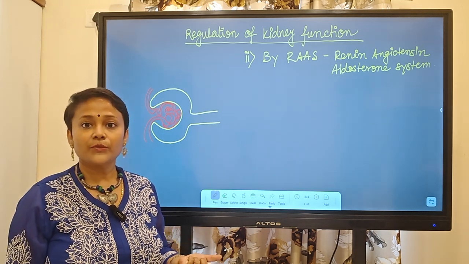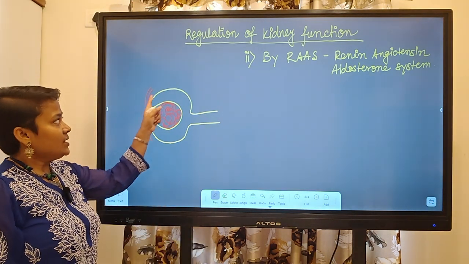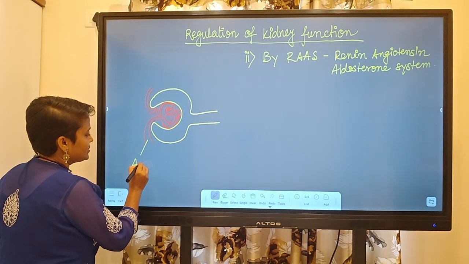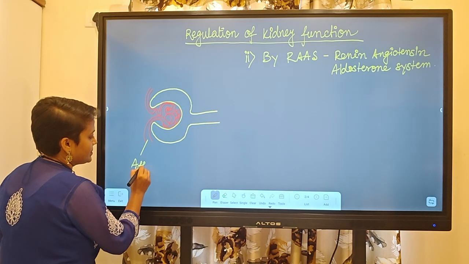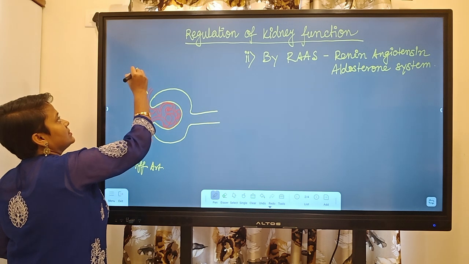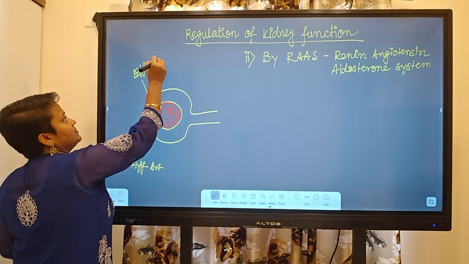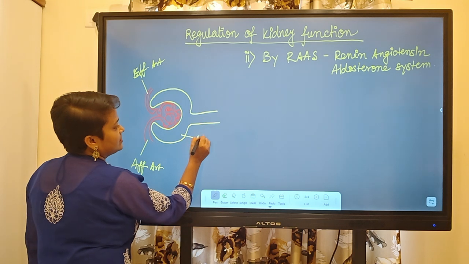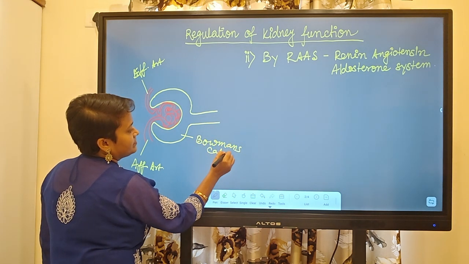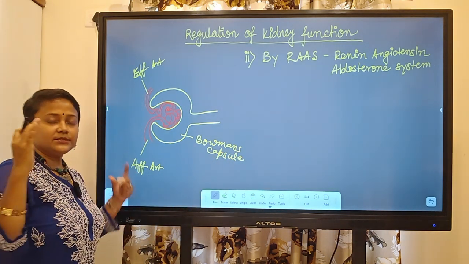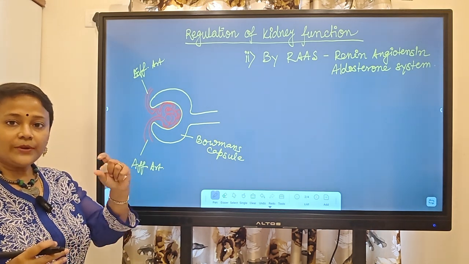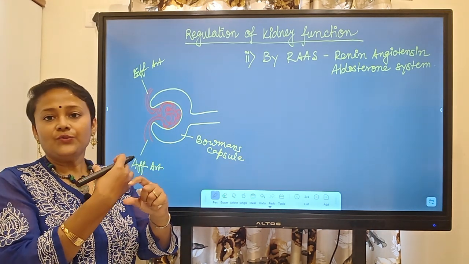Where are they located? To understand that, if this is the Bowman's capsule, this is the afferent arteriole. Now we have to imagine that between the afferent and efferent arteriole, the DCT will come through.